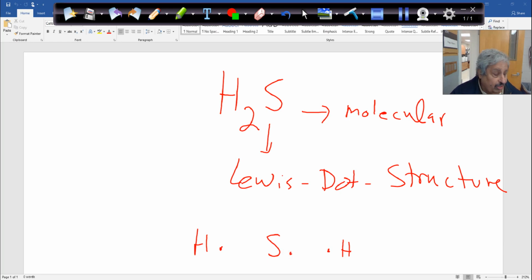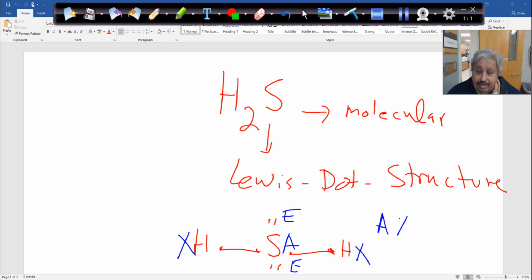Sulfur has 6 valence electrons. 1 and 1 make single bonds here, because hydrogen cannot make a double bond, always single. And 2 here, and 2 here. So this is A, X, X, E, E, which is AX2E2.